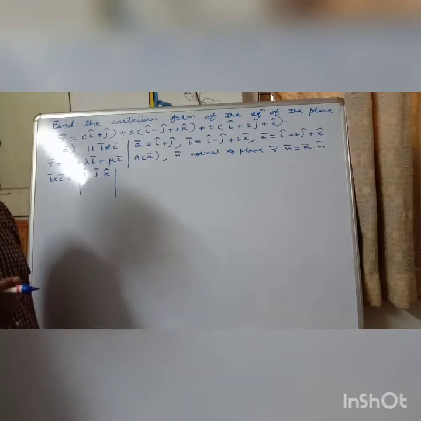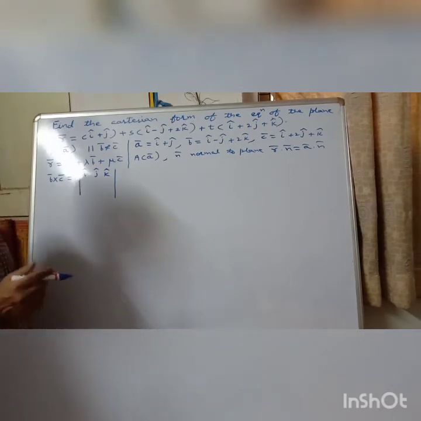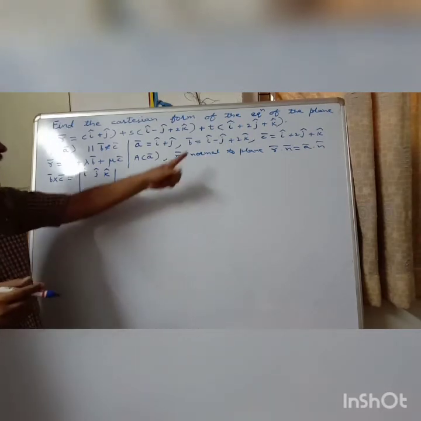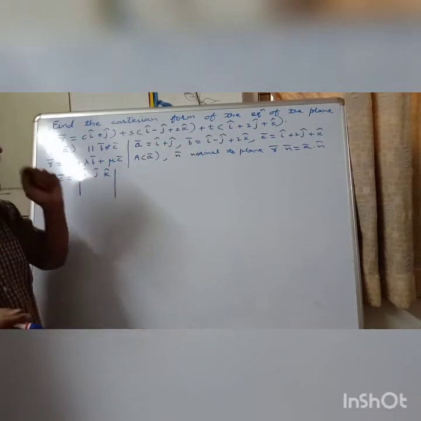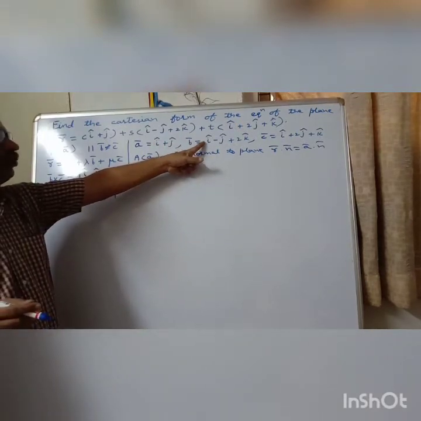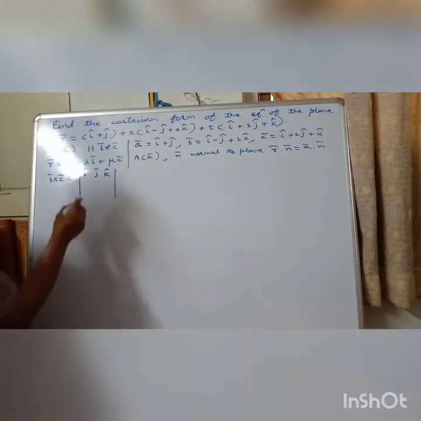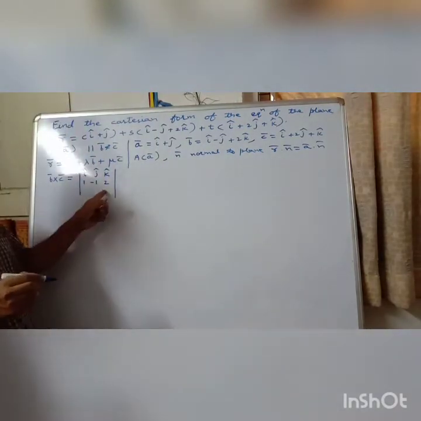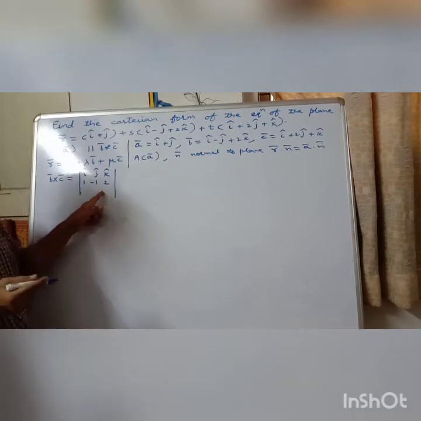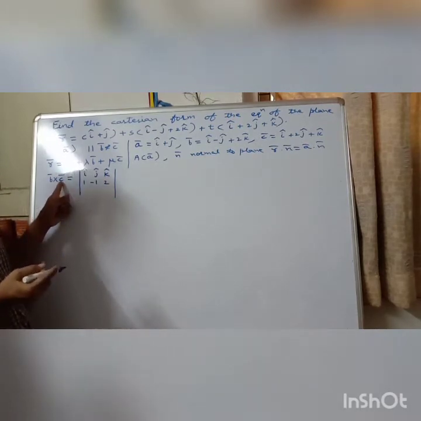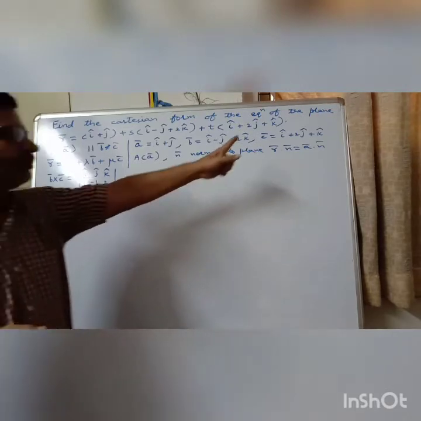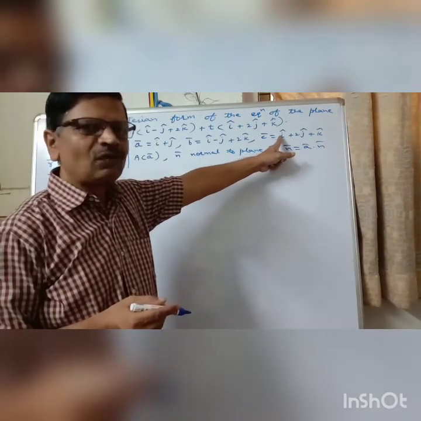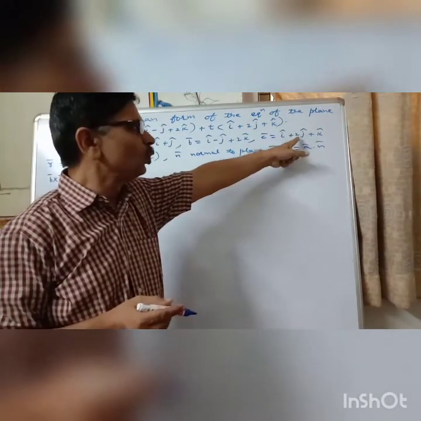In second row of determinant, we shall write coefficients of i, j, k for first vector B bar. So here 1, -1, 2. In third row of determinant, we shall write coefficients of i, j, k for second vector C bar. Coefficient of i not written means 1, 2, 1.